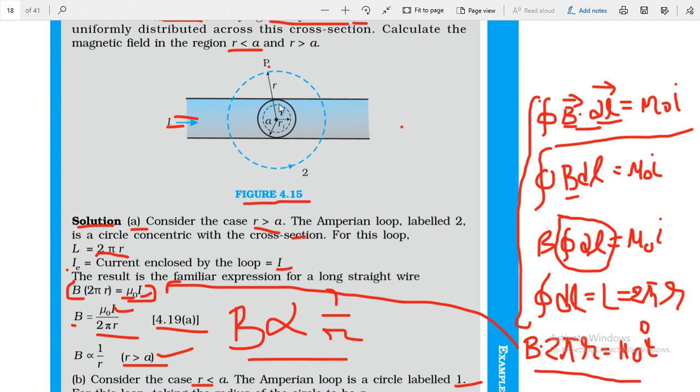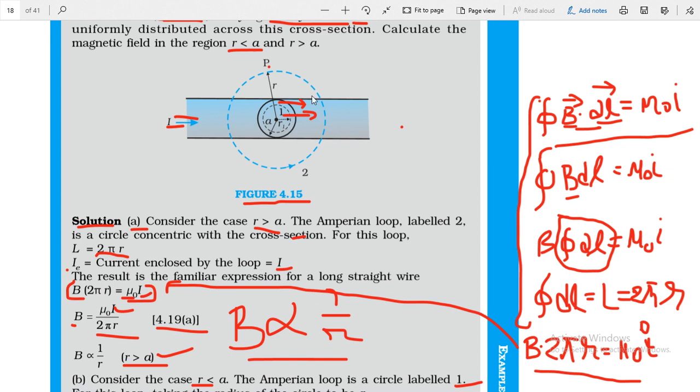Since the current flowing in this part is not coming from the circle represented by the dotted line, and some current is flowing through this also, this current is quite less than the total current. Our purpose is to find the current flowing through the circle represented by the dotted line.